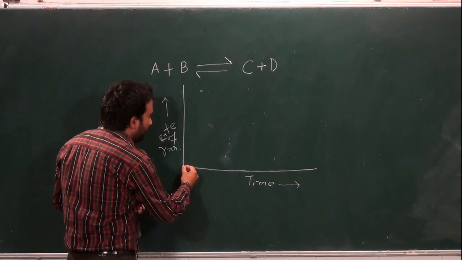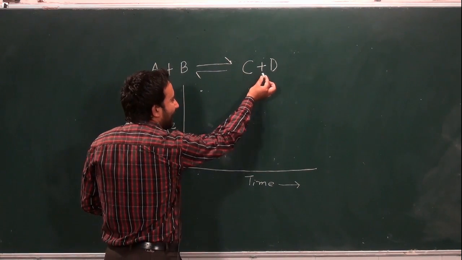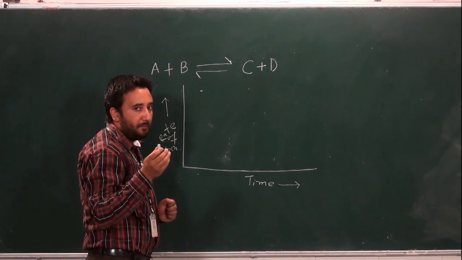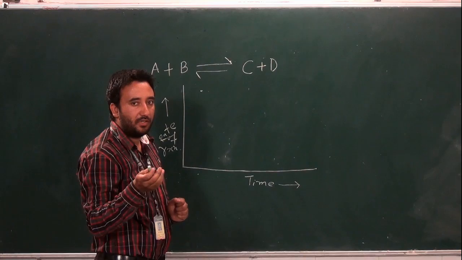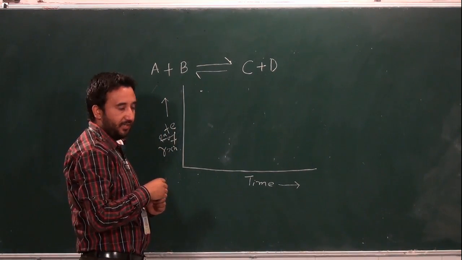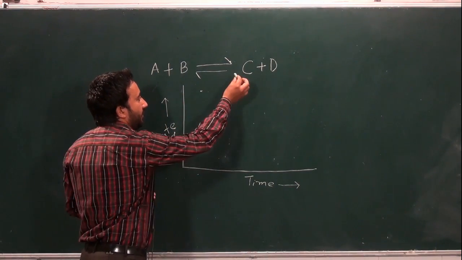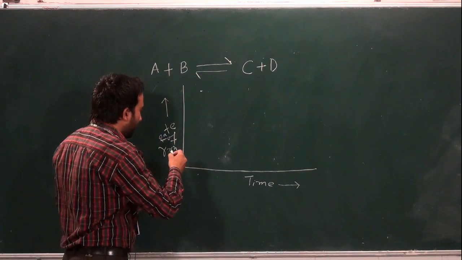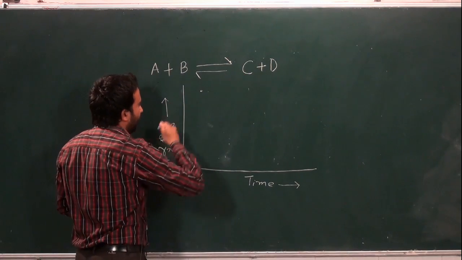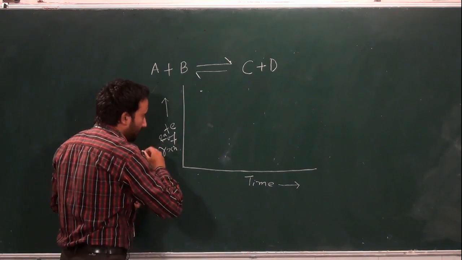But at the same time, in the beginning, there is no formation of C and D, so the rate of reaction for C and D will be 0.